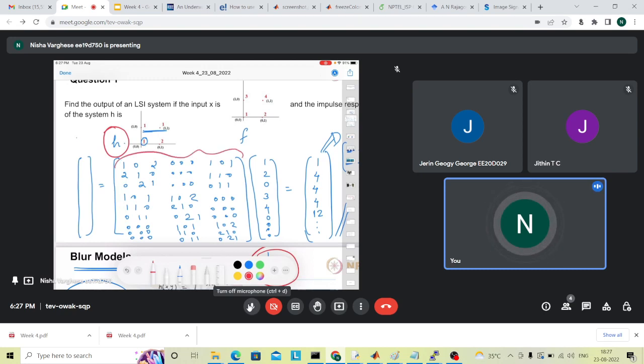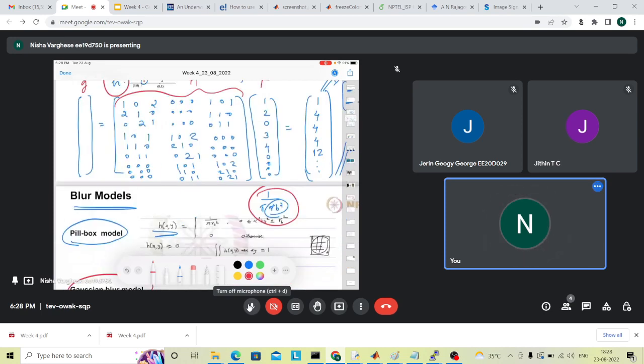Once you convert that H to a block circular matrix, you can give the output of the system G as a multiplication of H and F, where G and F are column vector representations of the output image and the input image. After finding this multiplication output, you just arrange G as a matrix. That's all. Then you will get the final output.